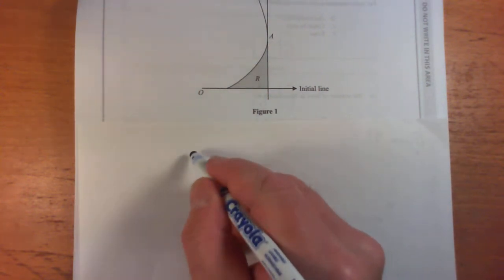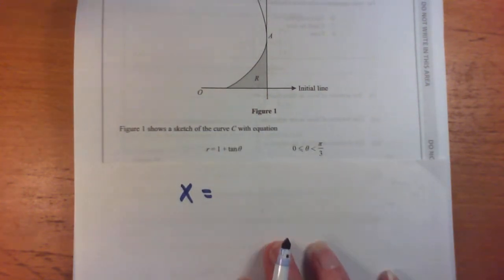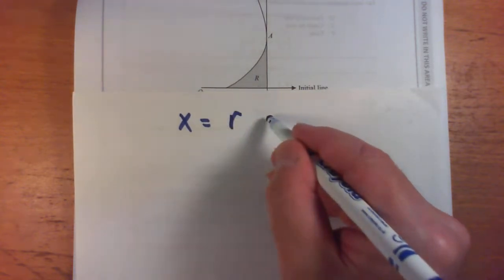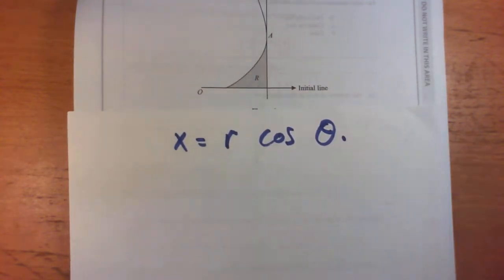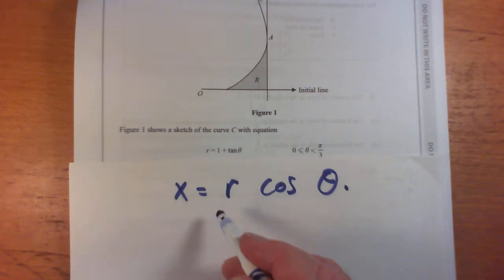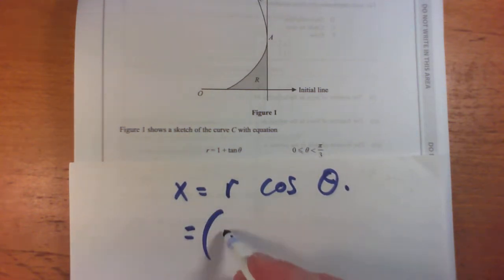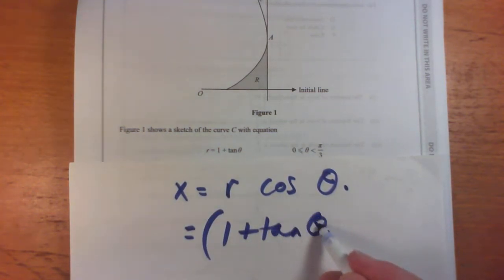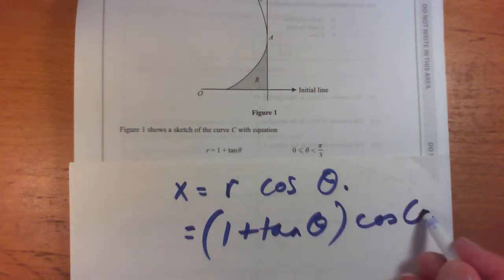I know, for example, that x equals, I'm given r, but I know that x equals r cosine theta. I then insert r, x equals 1 minus tan theta, times cos theta.